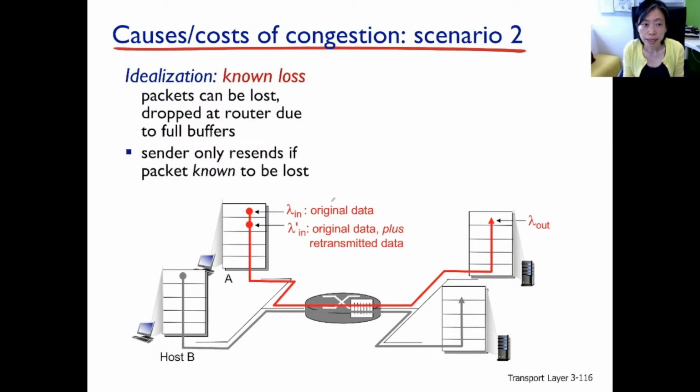To be more realistic, let's assume the sender does not know whether the buffer space in the middle here is going to be free or full. Okay. So we'll have packet loss in this case, because when the packet arrives at the full buffer, it's going to be dropped. And in that case, they will have to resend the packet. So for the packet arriving at the sender side of the transport layer, we keep a copy.